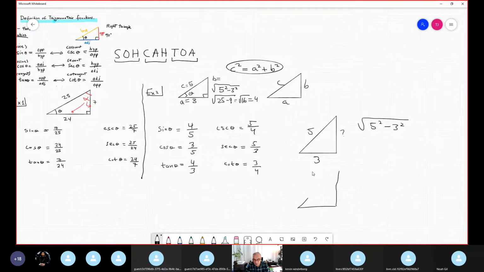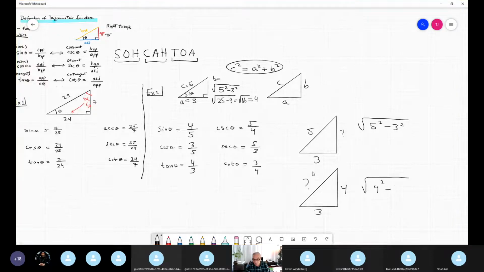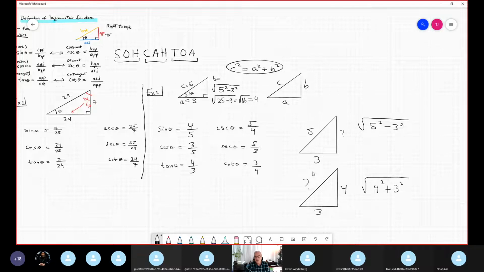However, if the hypotenuse is missing, suppose 4 and 3, then it is the square root of 4 squared plus 3 squared. Make sense? Is it only for the hypotenuse? Only for the hypotenuse, plus. If a leg is missing, it is minus. Okay, super, thank you.